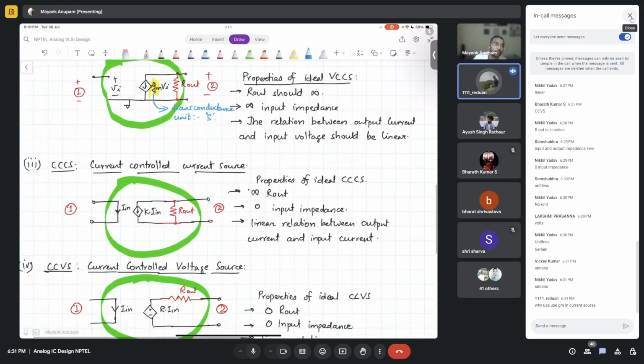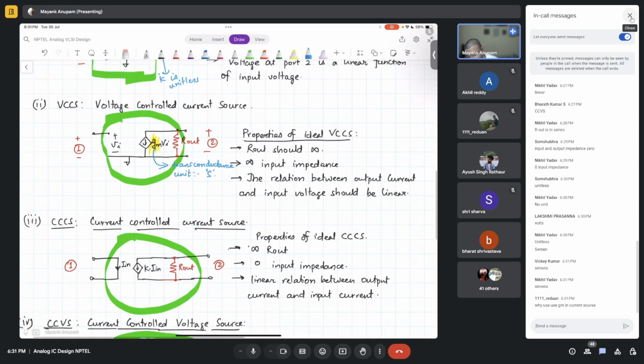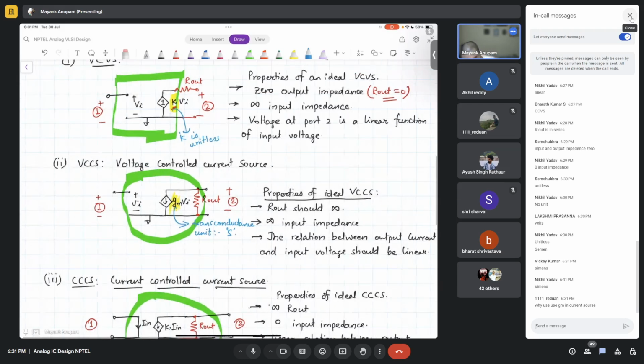Why do we use transconductance in current source? Come again, I didn't understand your question. Okay, I have written it in the comment section. Why do we use GM in current source? So no, GM is just a nomenclature. It's a commonly understood nomenclature which stands for transconductance. If you want to denote a resistance, you generally go with the letter R, right?